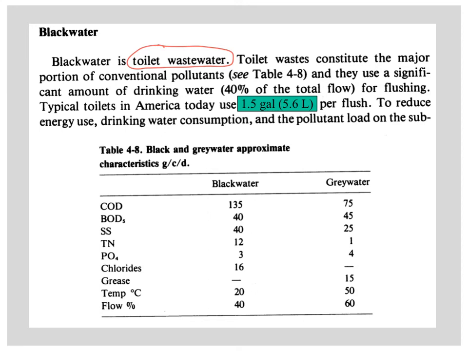We can compare black water and gray water in terms of their characteristics. Key things to point out here are that the COD is higher in black water than in gray water. We see similar BOD5 between the two. Suspended solids are higher in black water than in gray water, and so on.